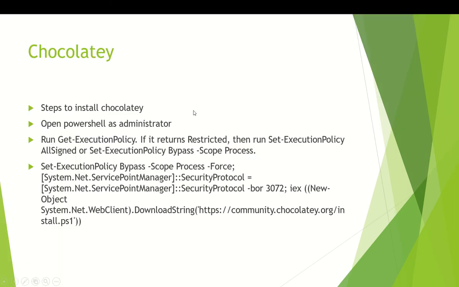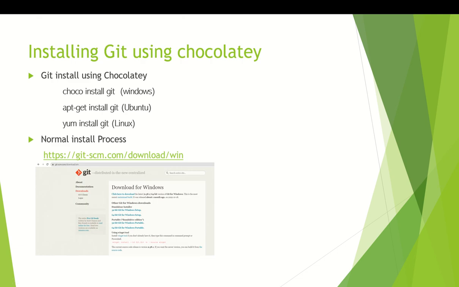Okay, so Chocolatey is done. Then to install Git, we use Chocolatey, just choco install git.